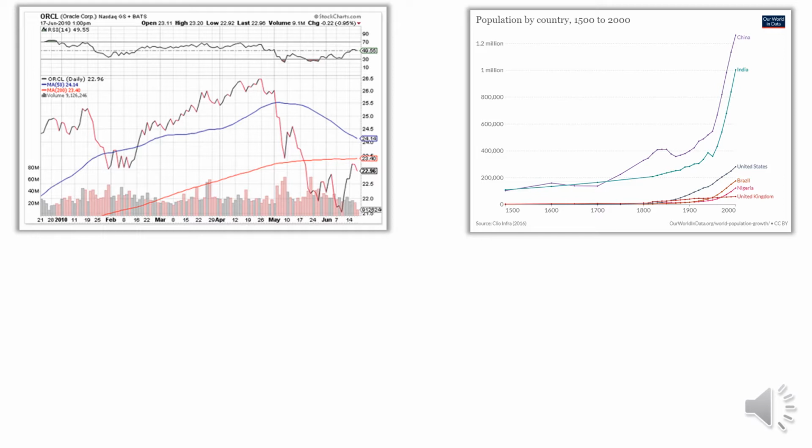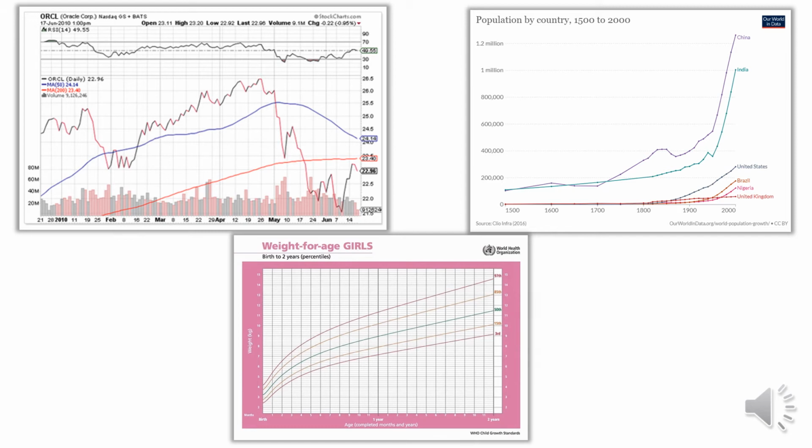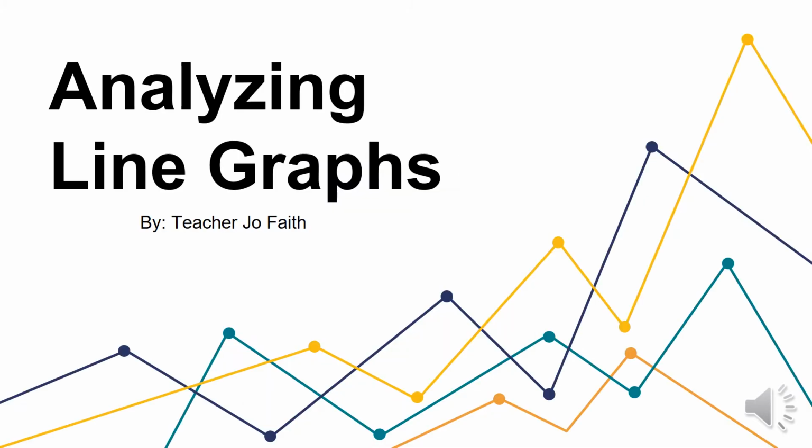Or when you were a baby, you were given such a graph to monitor your weight as you grow up. As you can see, these are represented by lines to show progress over a period of time. Such progress is represented by what we call line graphs.